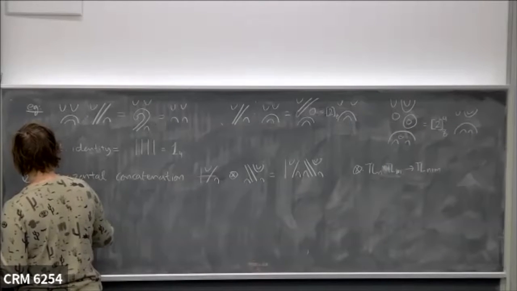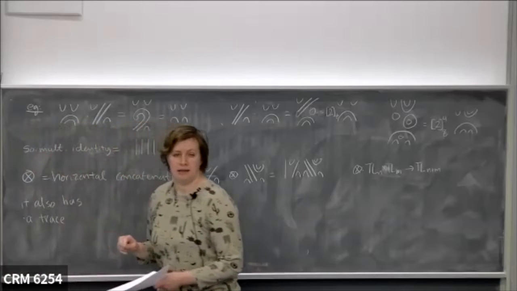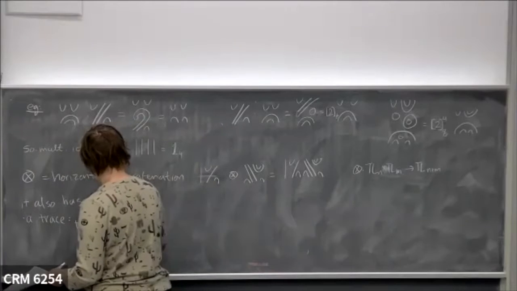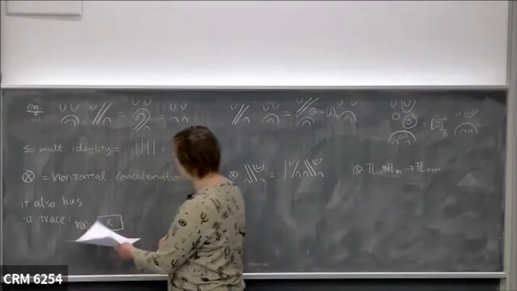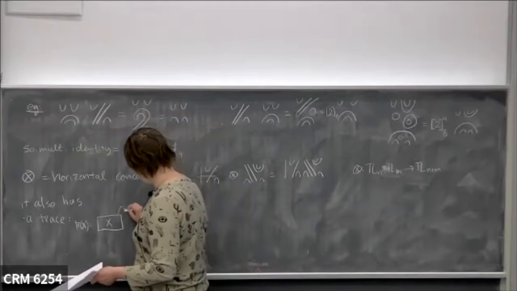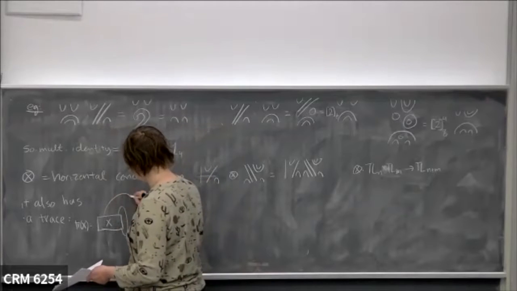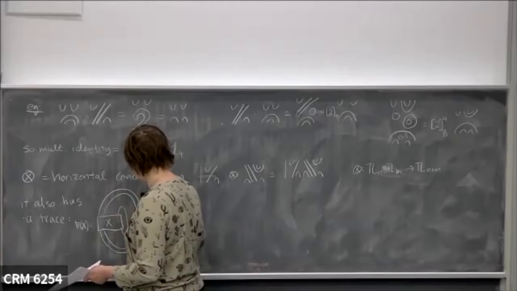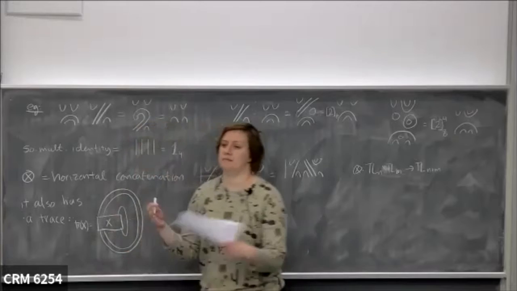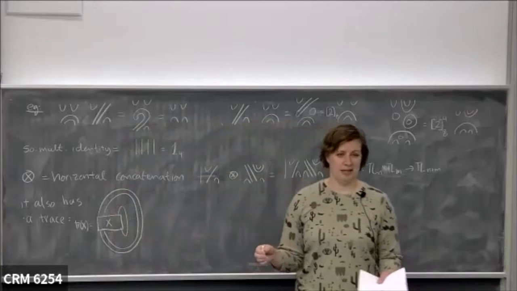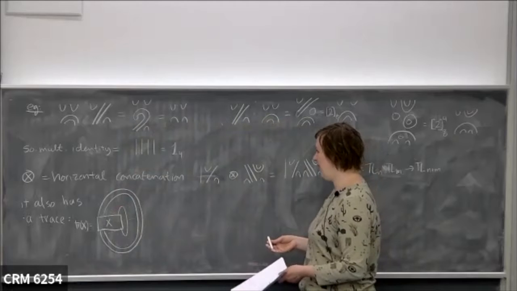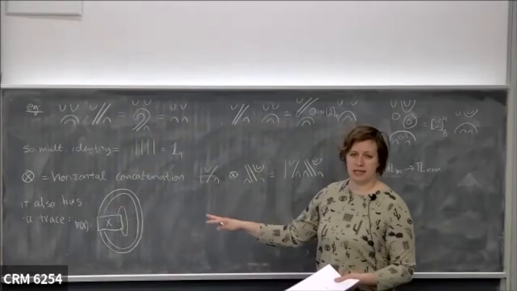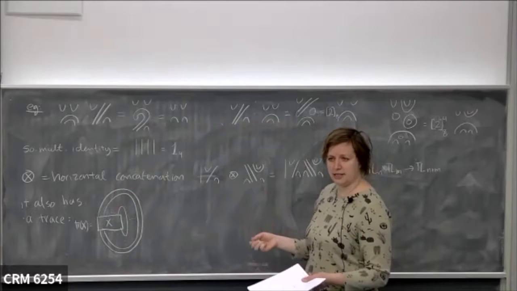So we also get a trace defined diagrammatically. Okay, so if we have a Temperley-Lieb diagram X and we connect every string on the top with the corresponding string on the bottom, then what we get is some number of loops, right, between 1 and n of them. Okay, and so that's the trace on our basis, and we just take the linear extension of that.